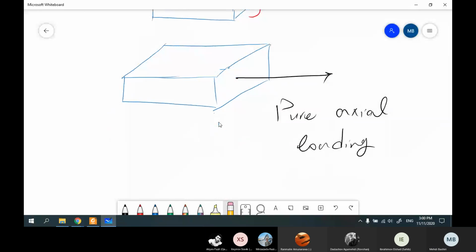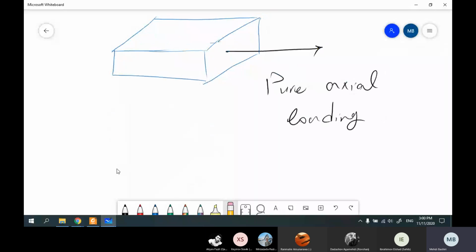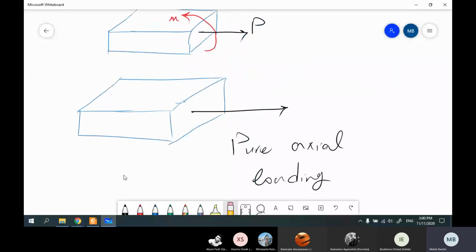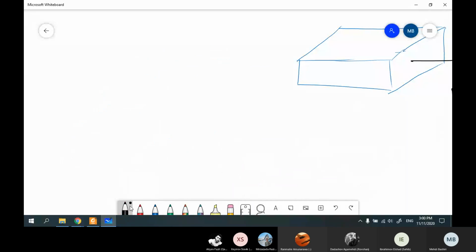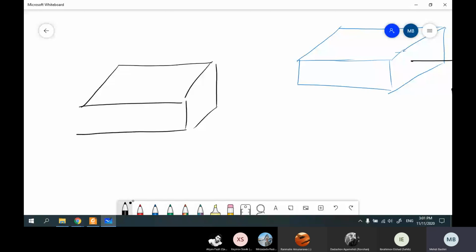Okay. Now, how can we relate these cases to our foundation design? The first case is like this. We have a foundation, and the column is located at the center of the foundation.